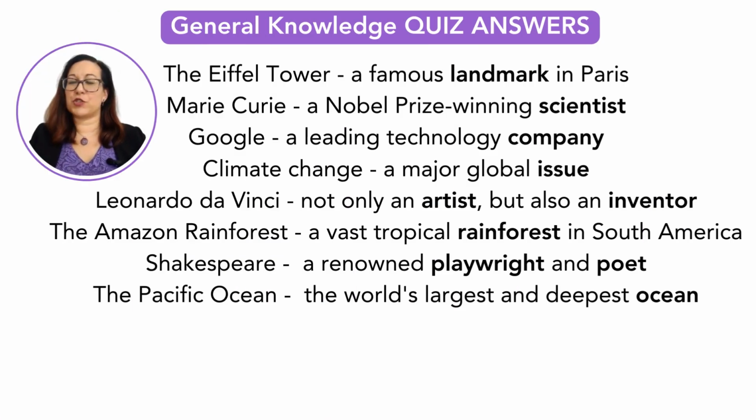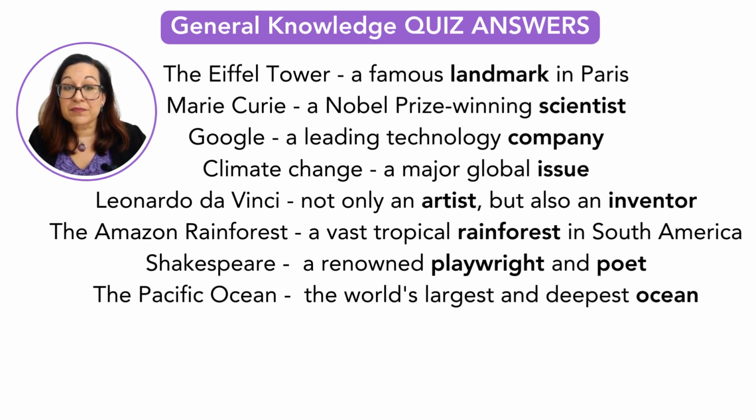Okay, so I'm sure most of you got these right. We've got the Eiffel Tower, a famous landmark in Paris. Marie Curie, a Nobel Prize-winning scientist. Google, a leading technology company. Climate change, a major global issue.